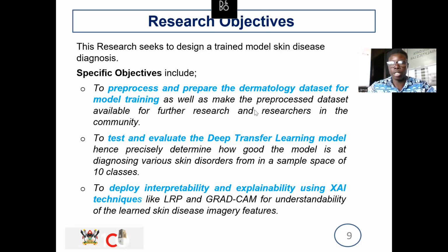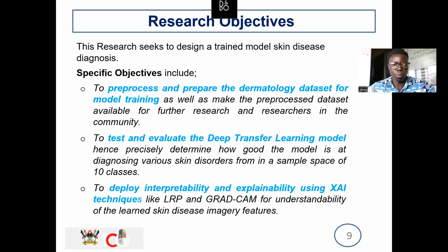So on to the research objectives. These were our specific objectives: to pre-process and prepare the dermatology dataset for model training, which will also involve making the dataset available for further research and the researchers in the community, and to test and evaluate the deep transfer learning model.